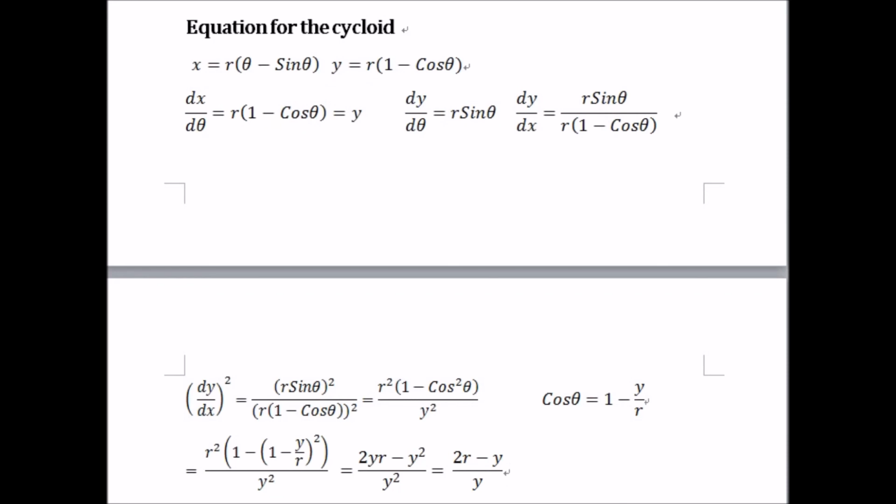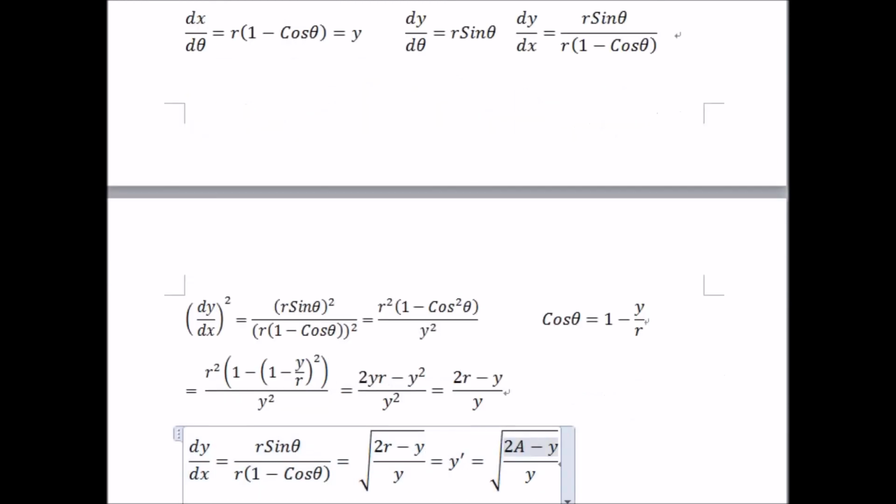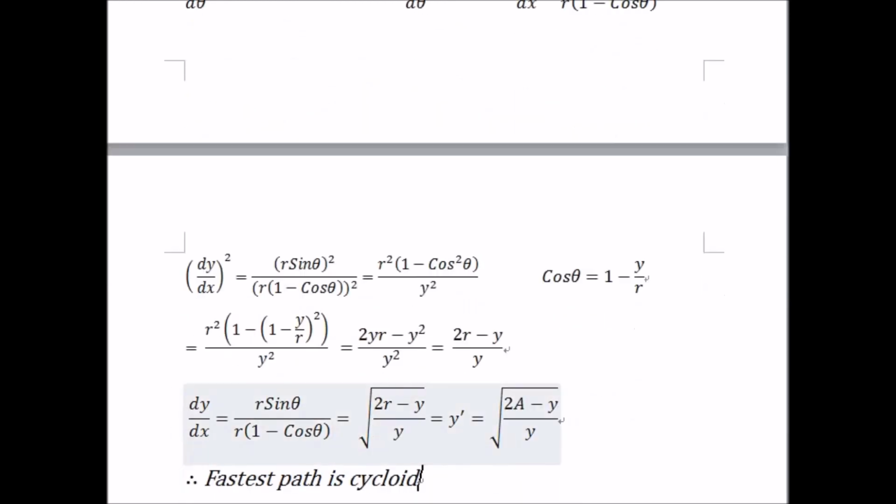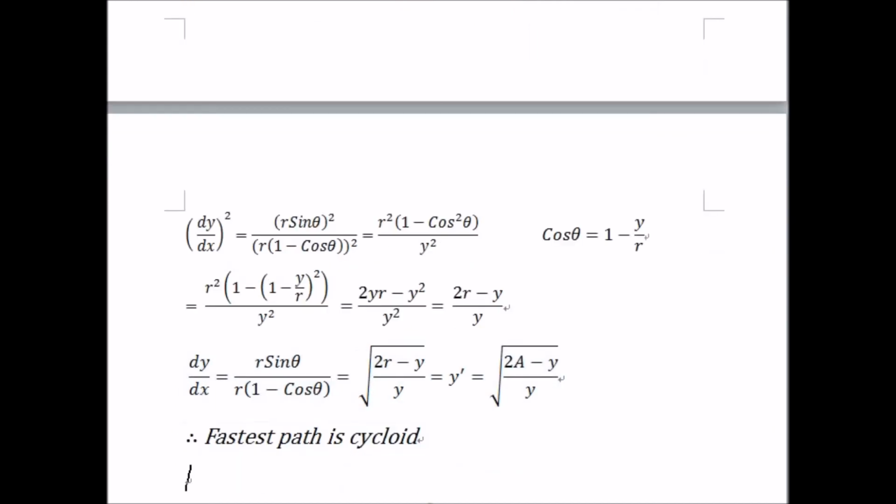So using the same formula, we plug cosine theta equals 1 minus y over r into (dy/dx) squared, and we further simplify it to find (2r minus y) over y. Because this was squared, we have to take the square root of the whole thing, which comes out to be the square root of (2r minus y) over y, and that equals dy/dx, which is the same as y prime itself, and 2r can be the same as 2a, the constant.